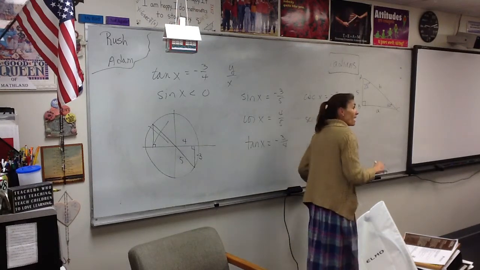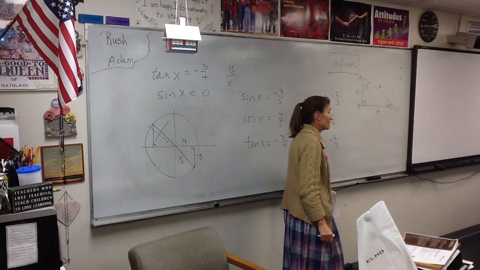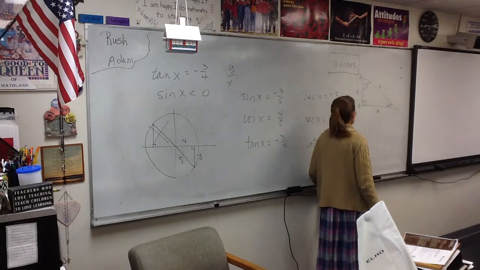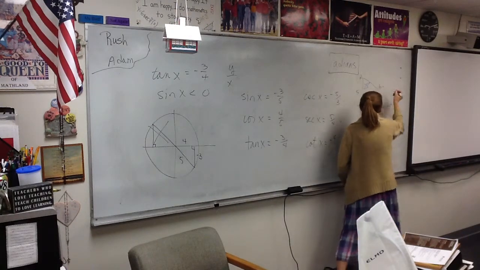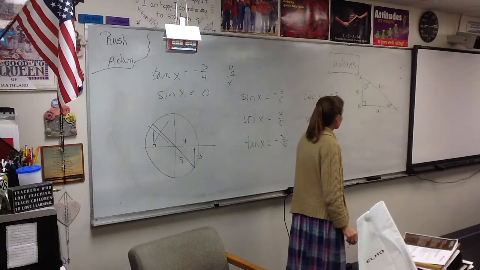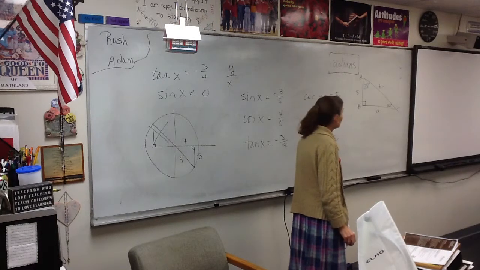Now we pick a side. It makes absolutely no difference which side you do first. Anna, which side do you want to do first? B. Okay, I want to find b first. So how do you propose we do that? Well, can you do the cosine?